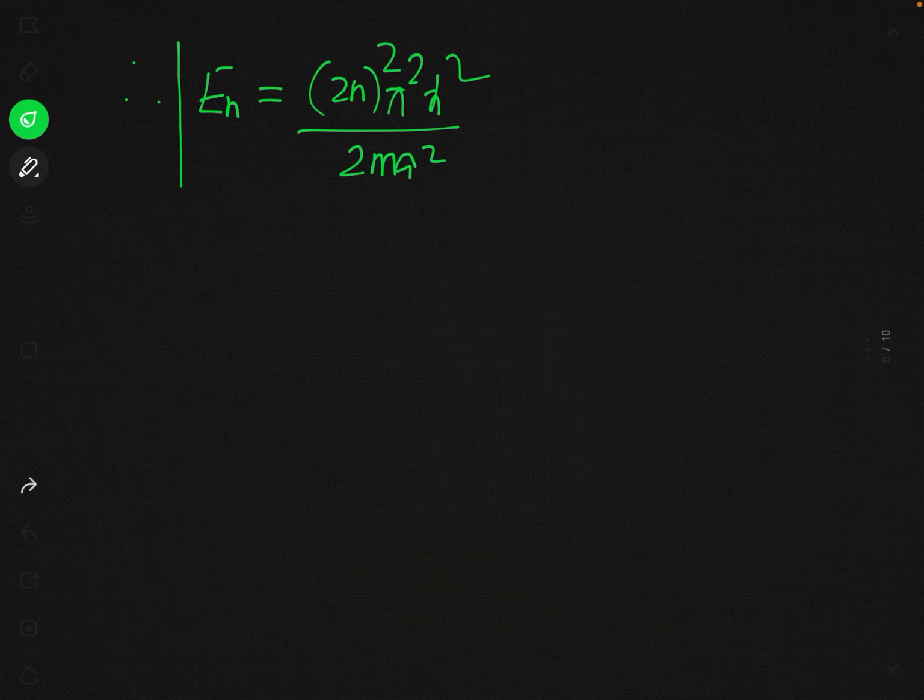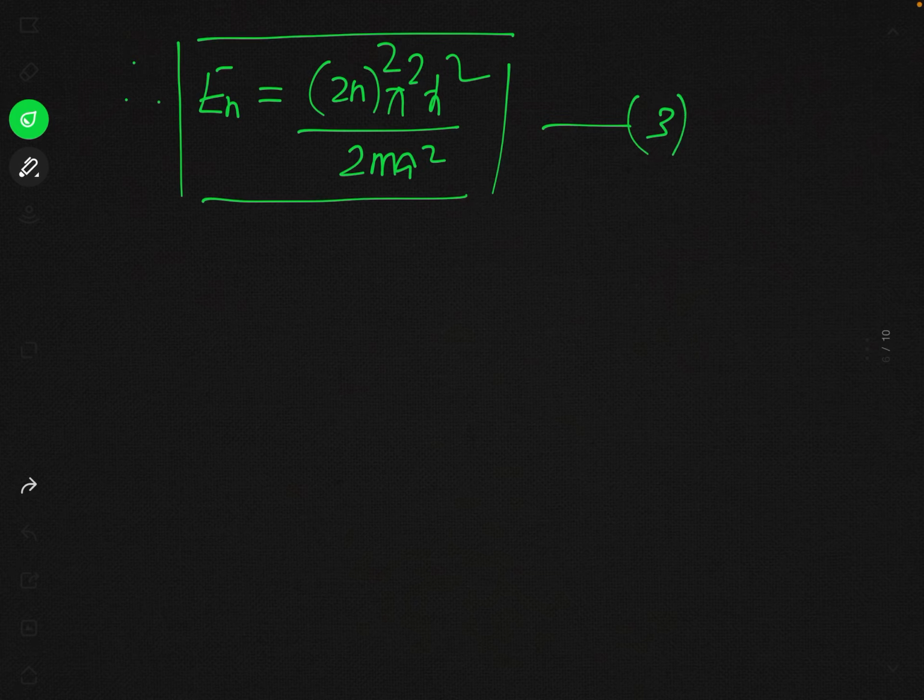This is the expression for the energy eigenvalues, and from here you can find what will be the different energy eigenvalues. You can take n equal to 1, 2, 3 and so on, and substituting these values of n, you can find what will be these values.